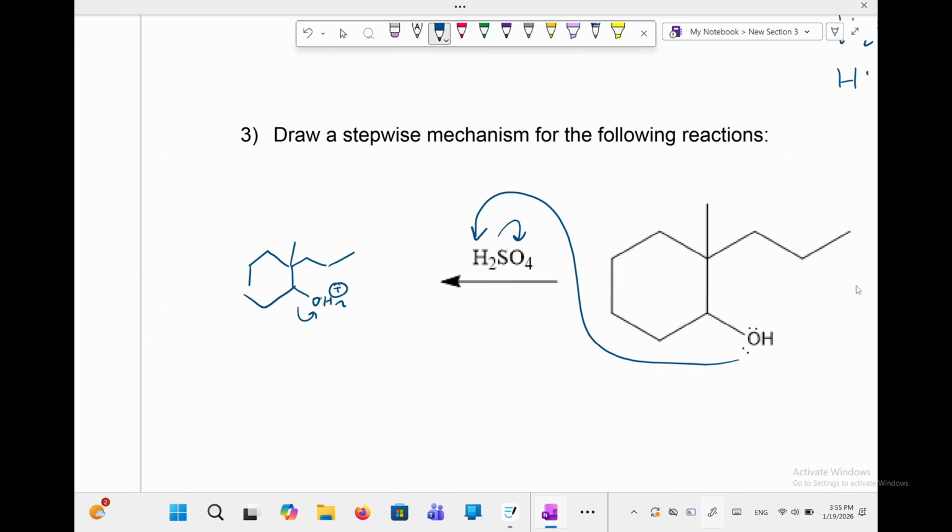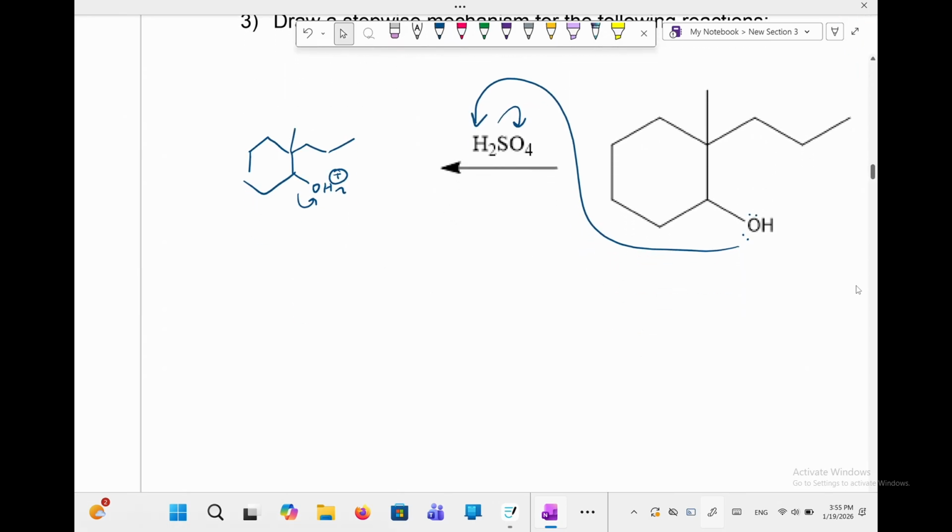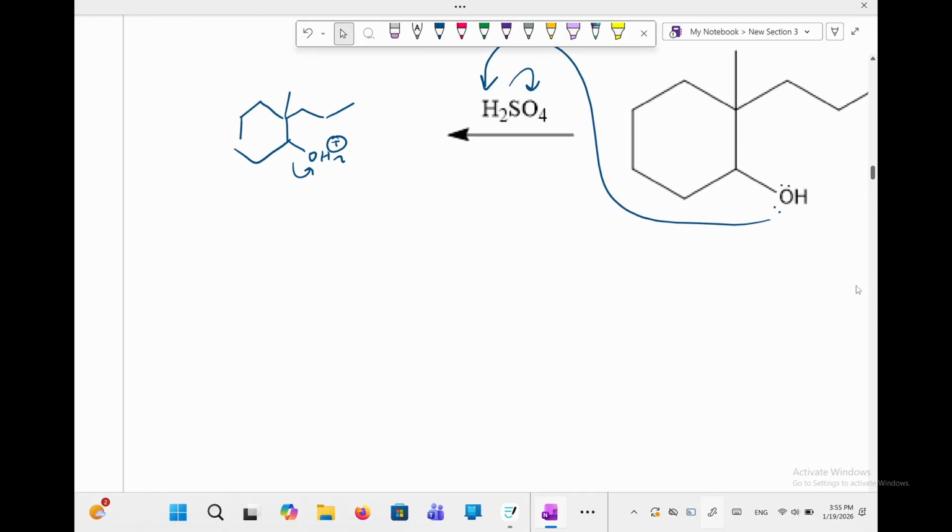Remember that OH2 plus is a good leaving group because oxygen does not want to have a plus charge. It wants to leave and be better. So now we get a plus charge here. And since we have a weak base, not necessarily a strong one, it gives us time to rearrange into something that gives us a better intermediate, such as this.